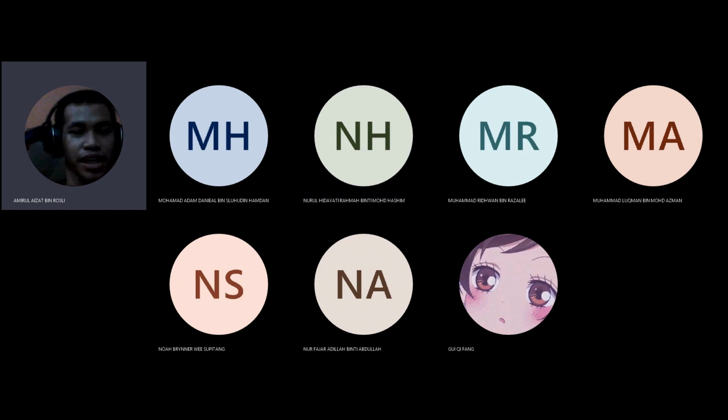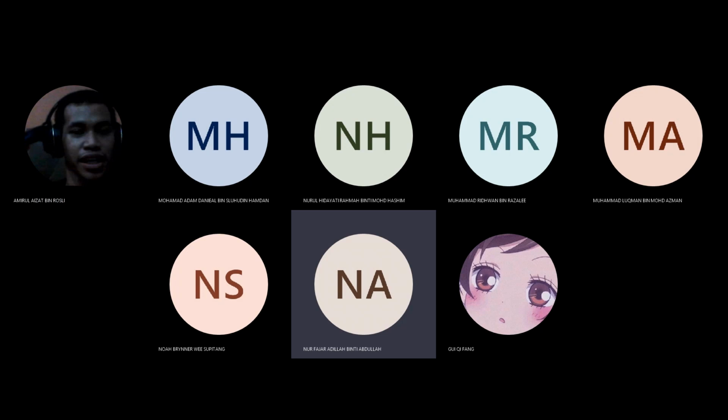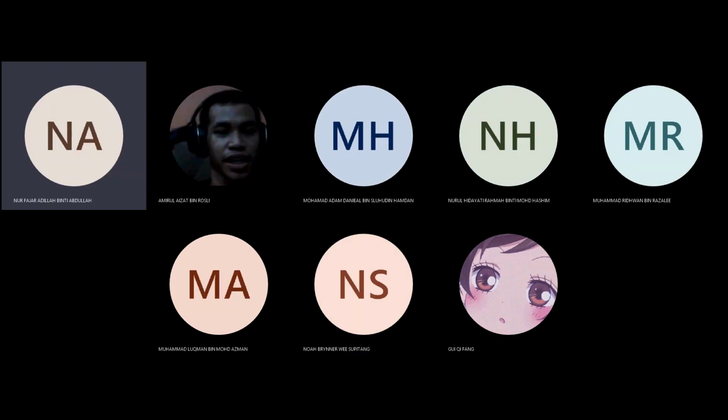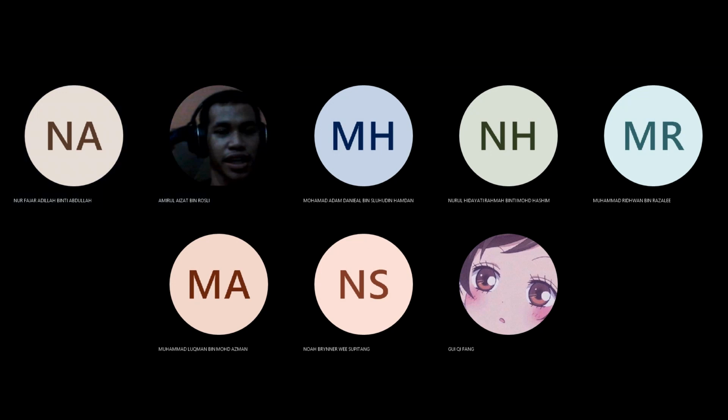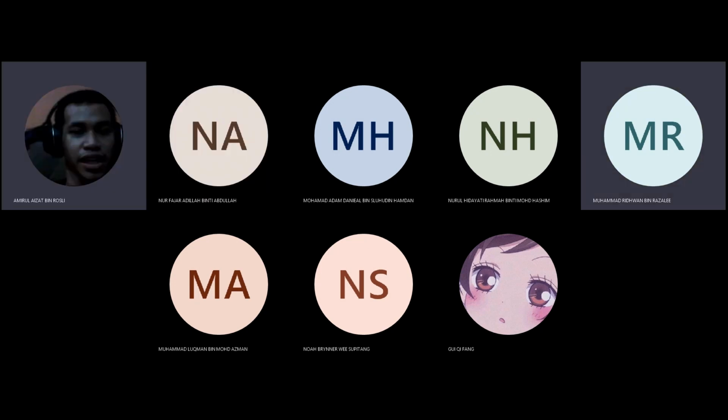So later you guys send me the evaluation marks. Yang evaluation mark tu kan, kena letak nama semua orang tu kan. So dia akan 01 lah kan sebab bahagian nama kita kan. Oh, kena tulis nama, bukan tulis 1 2 3 4 5 6 7 8.